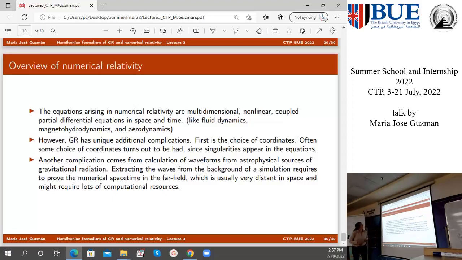Also, something I didn't mention: people are going beyond general relativity, because of all these problems of singularities, the Big Bang, black holes. People think general relativity is not the true theory of gravity and that we need to go beyond. If at some point we have data for testing these strong energy regimes, and there is evidence that general relativity is wrong there, we will need to predict which other theory replaces it. So we will need to create templates of waveforms also for theories beyond general relativity.